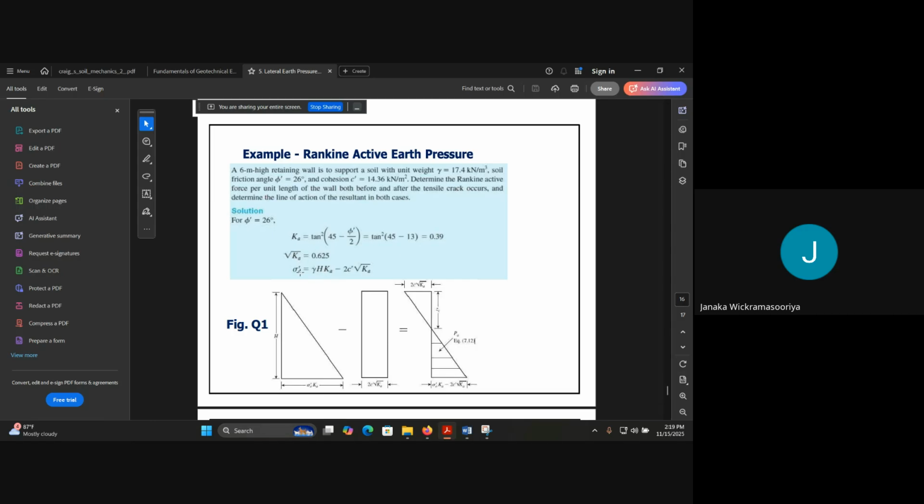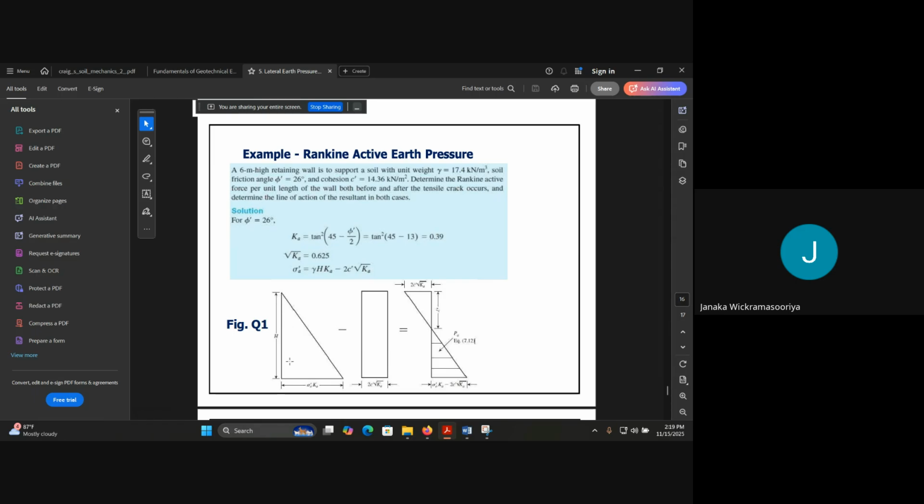So sigma dash A can be written in terms of the depth. The depth is h. So sigma dash A, that means active side lateral earth pressure, is gamma h Ka, that is the effective vertical stress gamma h times Ka, minus 2c dash square root of Ka.